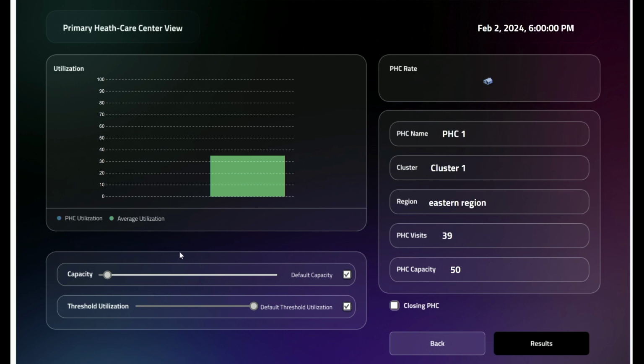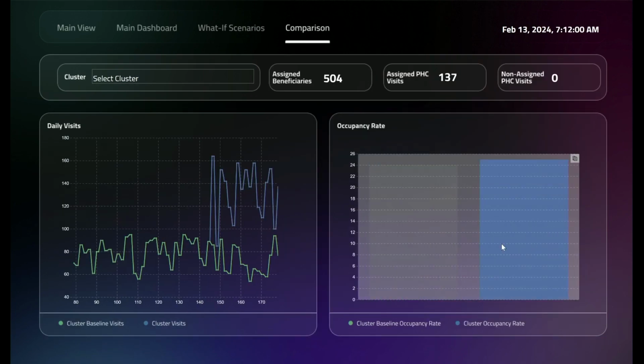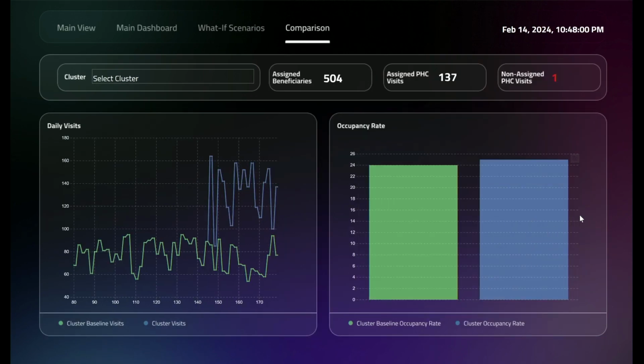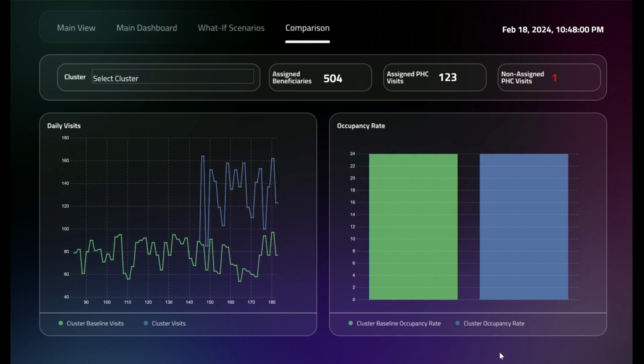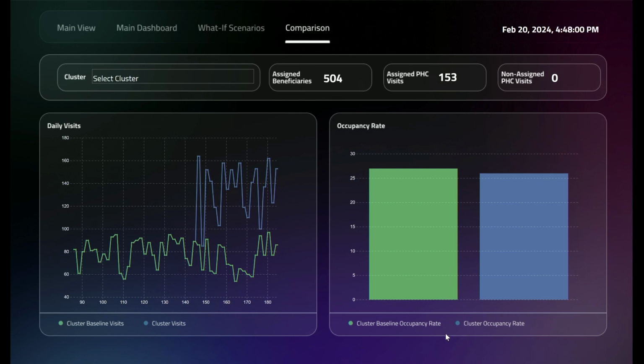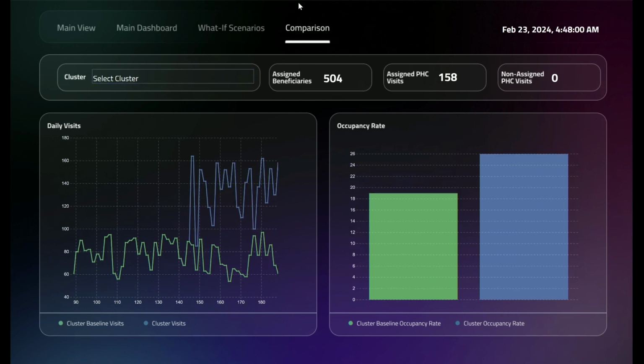As a scenario, we can, let's say, just add capacity to one of the PHCs instead of adding a whole new PHC. Let's see what would happen. We can see now in the occupancy rate that they are back to how it used to be before we added the chronic disease rate.